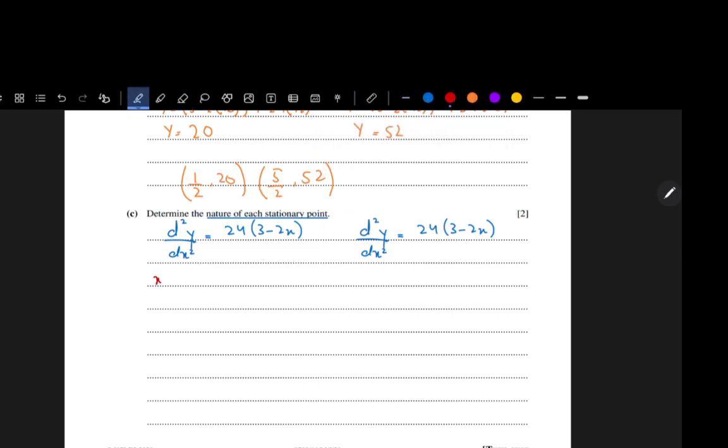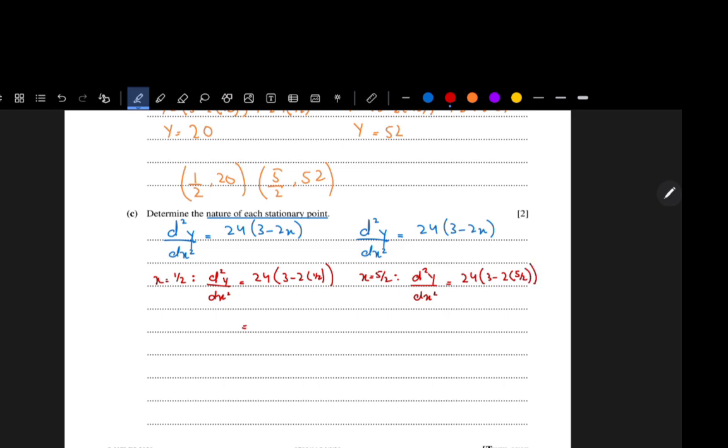So for x equals 1 upon 2, d squared y upon dx squared will be equal to 24 into (3 minus 2 into 1 upon 2), and for the x value 5 upon 2, d squared y upon dx squared will be equal to 24 into (3 minus 2 into 5 upon 2).